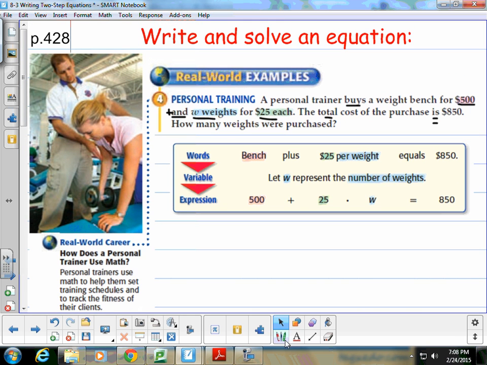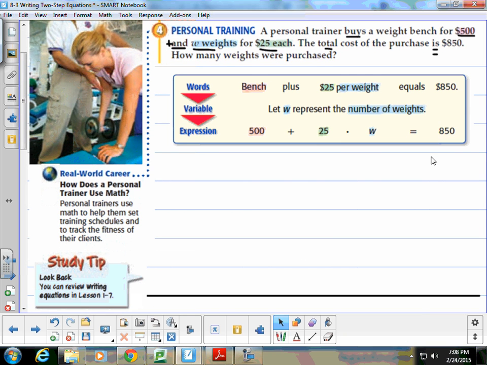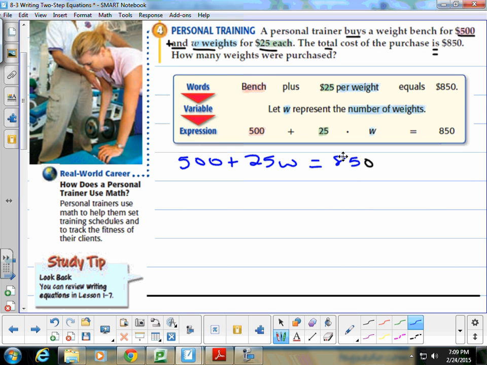Notice our directions did tell us to solve the equation this time, so we're going to do that. And we're going to start, after we wrote our equation, we're going to write it again. So we really have 500 for the bench plus 25 per weight is equal to 850 total. So we find out how much did we spend per weight. That's what we're wondering. How many weights, not how much did we spend.